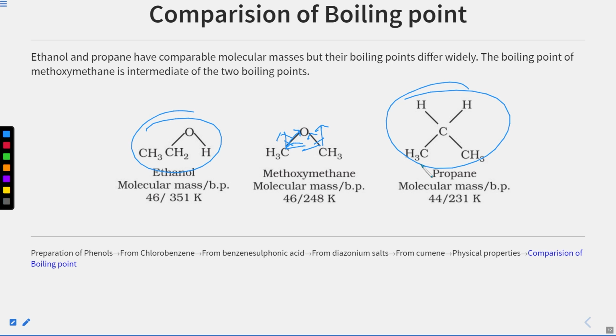Now what happens if we compare it with the haloalkane or haloarene? This haloalkane or haloarene will not have hydrogen bonding, of course, because there is no hydrogen attached to the halogen. But the polarity of the electronegative halogen and carbon is much more as compared to ether, because there is no cancellation of the resolved vectors.